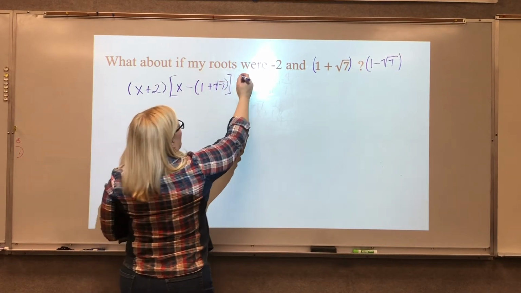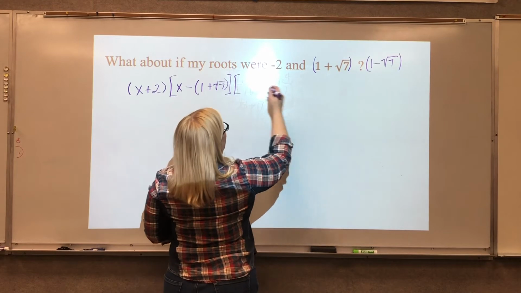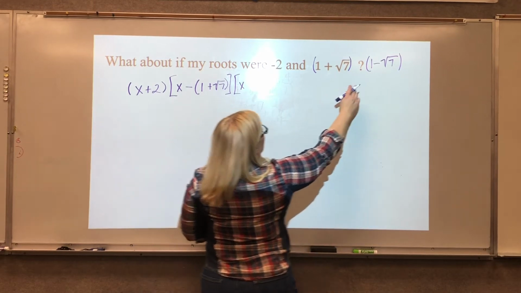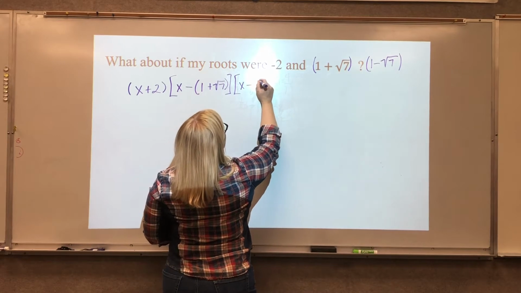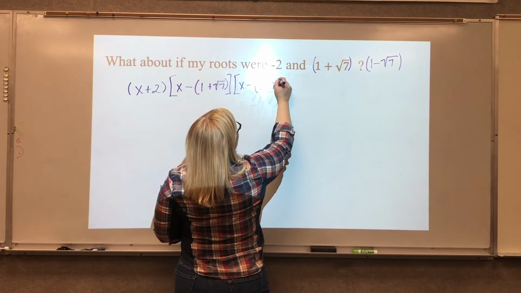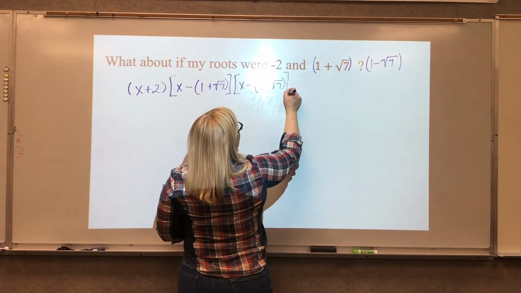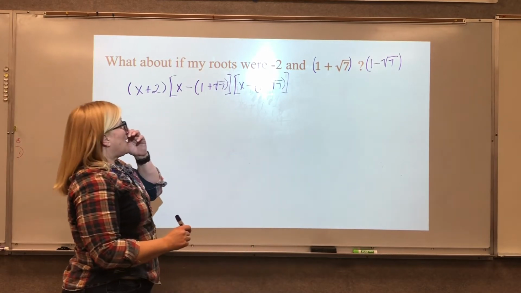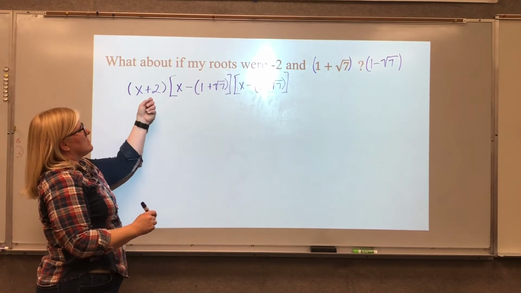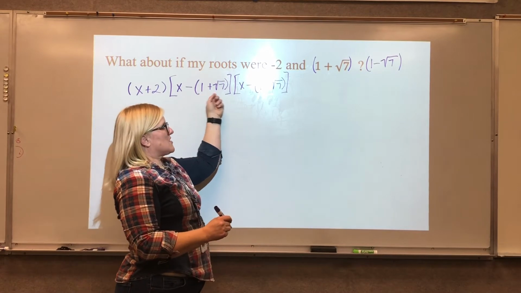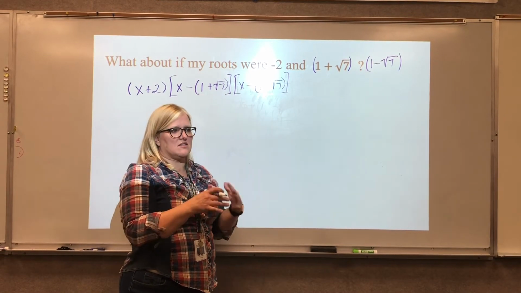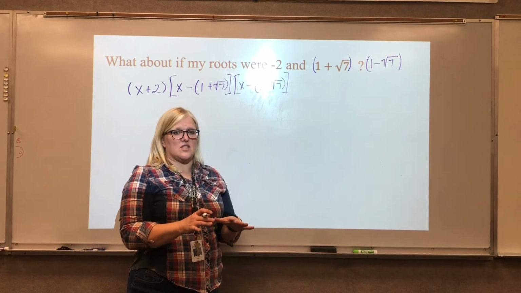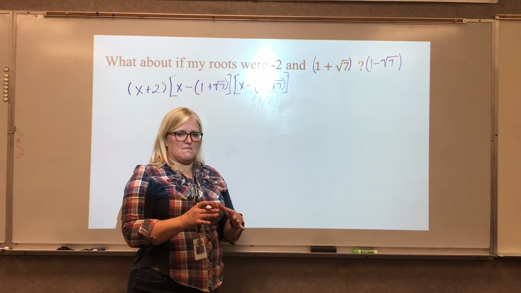And then we have another one, but this is 1 minus the square root of 7. So x minus 1 minus the square root of 7. So 3 numbers: -2, 3.64, 3.64.